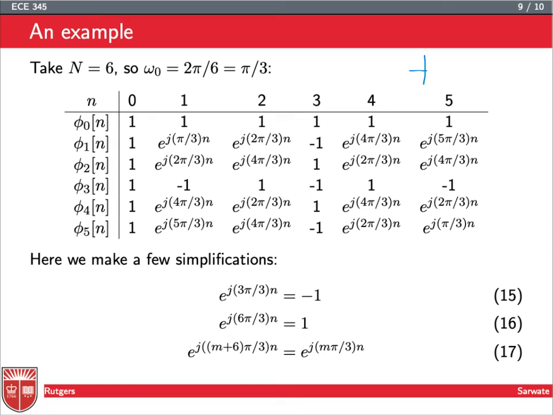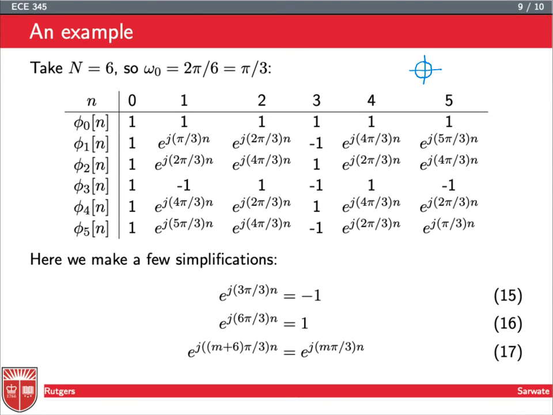Because they're basically evenly spaced around the unit circle in the complex plane. We're going to have pi over 3, 2 pi over 3, 1, 4 pi over 3, and 5 pi over 3. So that's this first one.